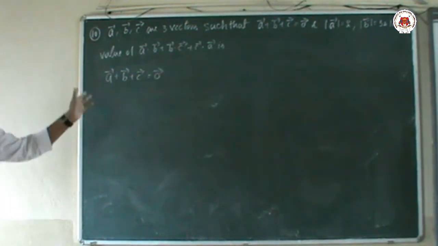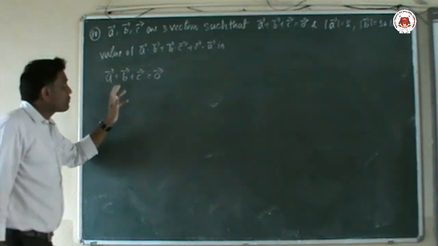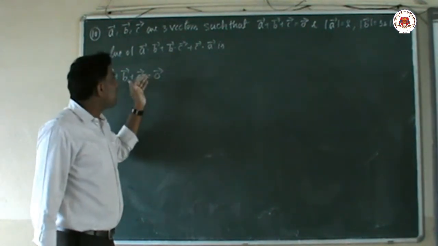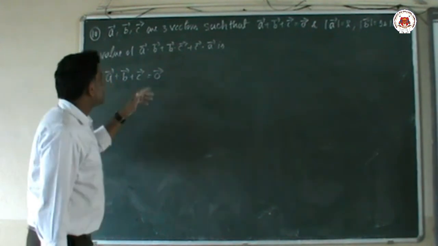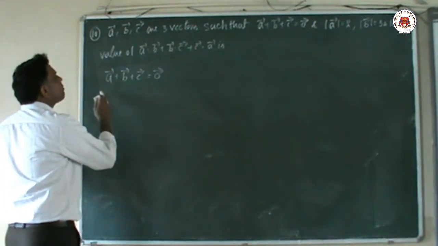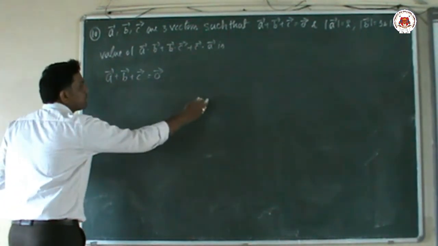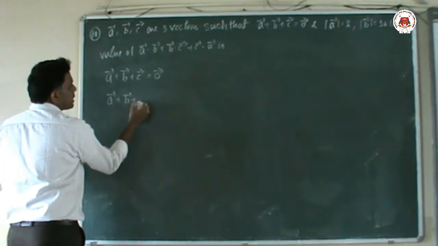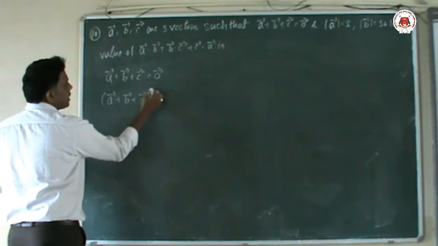So we can do the squaring on both sides. Already I said that this is a competitive exam, and in a competitive exam we have to write the direct steps. So instead of multiplying A plus B plus C dot A plus B plus C, I am writing the whole square.